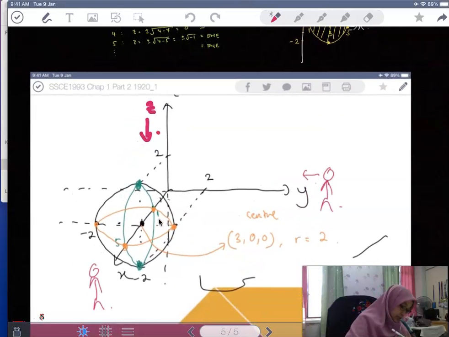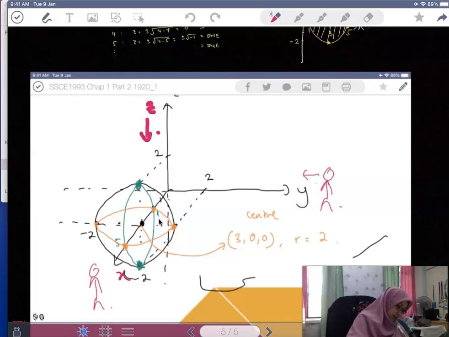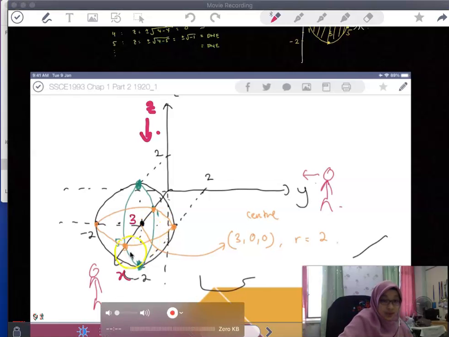So this is the value of x on the x-axis. This is 3, so 3, 0. X equal to 3 and y equal to 0 is the center, and these are all the measurements.